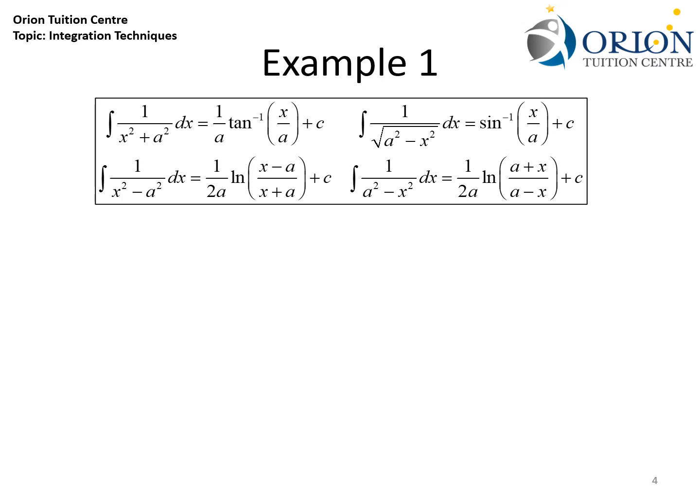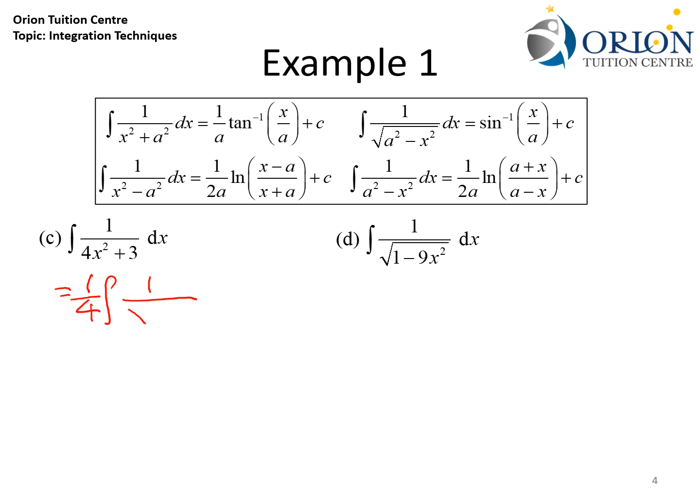However, do note that although the x term can be changed into x plus something or x minus something, the coefficient of x must strictly be 1 if you want to make use of this formula. If the coefficient of x is not 1, like for example in example C, what we can do is to simply factorize out the coefficient of the x squared to get 1/4 times 1 over x squared plus 3/4 dx, which is exactly of the same form as the first formula over here, where a squared is 3/4.